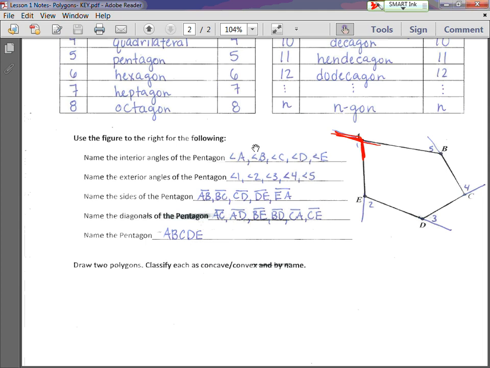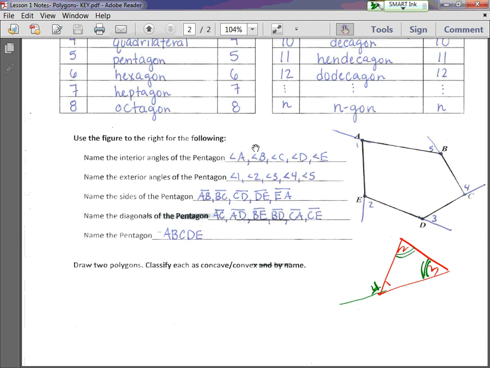Yes. I don't understand what the interior angle is. Like, what are they interior to? It's inside of your shape. If we think back to triangles, that's when we first learned interior and exterior angles. We had the theorem that said, for a triangle, my exterior angle here, I'm just going to call it 4, is equal to the sum of 2 and 3.